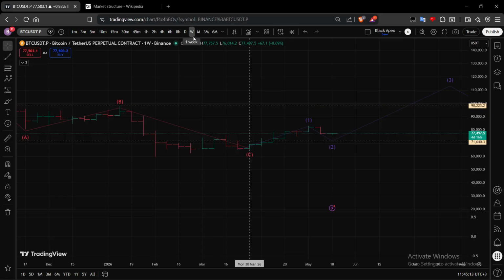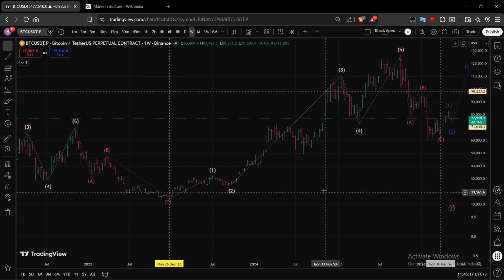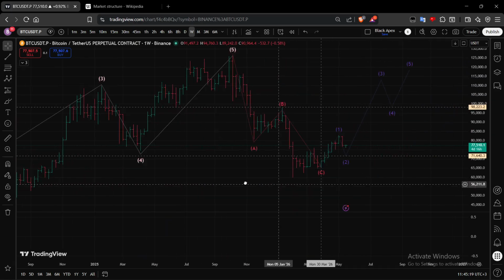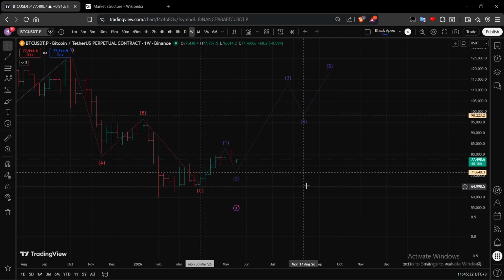If you go to the weekly, you can see that we're here, in what we anticipate may be a wave two. The only way we can tell is if this price never goes below our wave C, then we can anticipate a wave three of some sort.